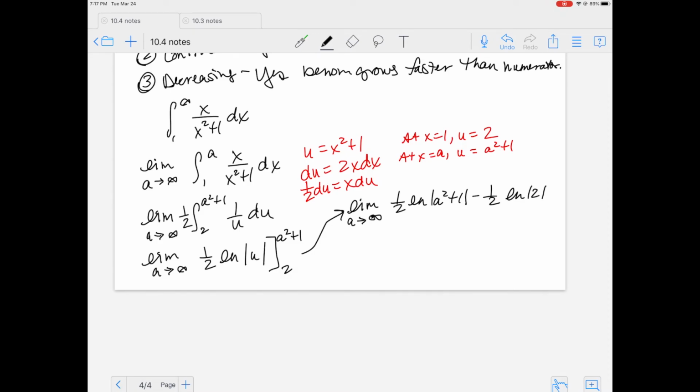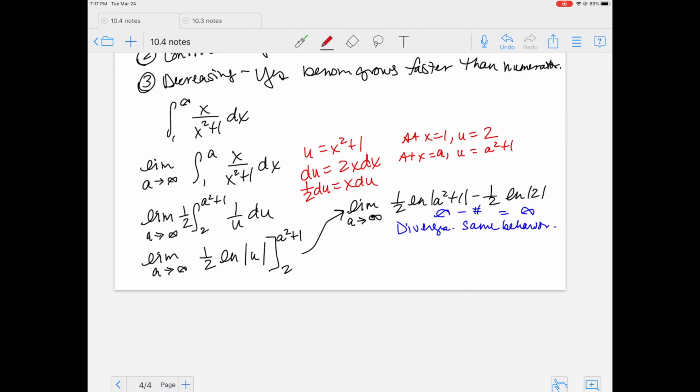Now, what do you know is happening here at this a squared plus 1? What's that going to as a approaches infinity? Yep. So infinity minus some number is always just going to be what? Exactly, infinity. So what do you know about this integration? It diverges. So because this diverges, I know that I have the same behavior.